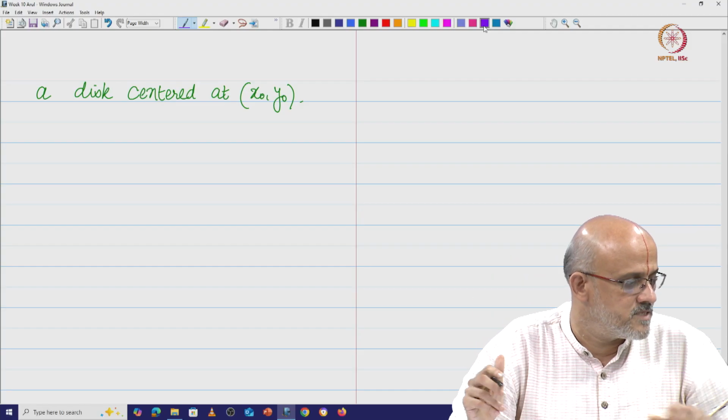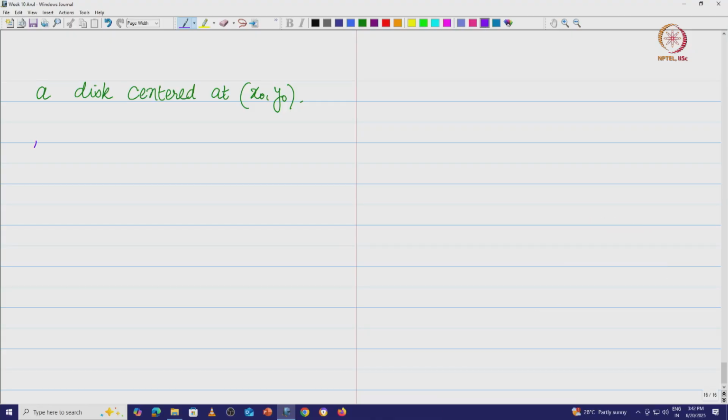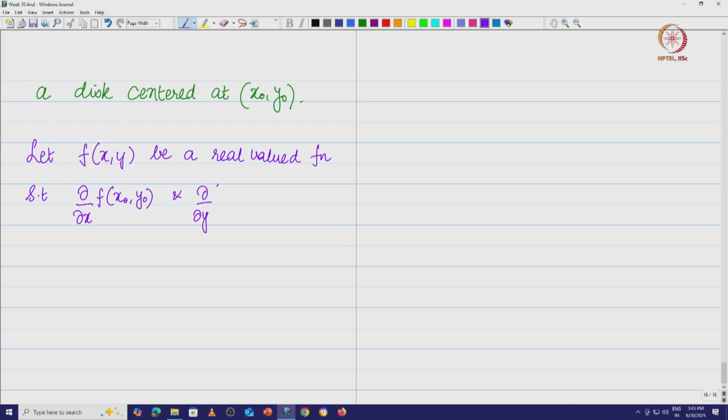Okay. So we are going to see this. Let f of x comma y be a real valued function such that the partial derivatives dou by dou x of f at x naught comma y naught and dou by dou y of f at x naught comma y naught both exist.